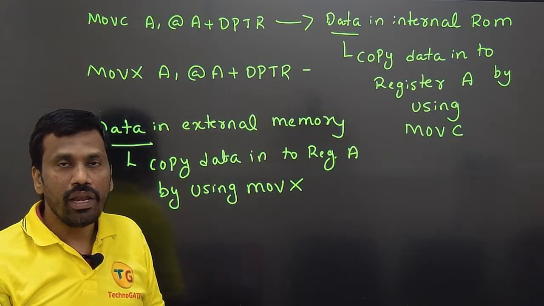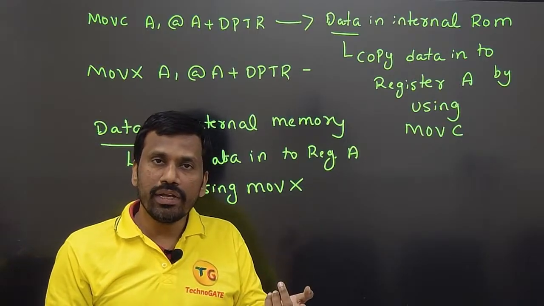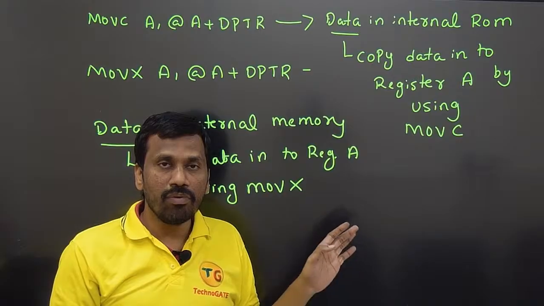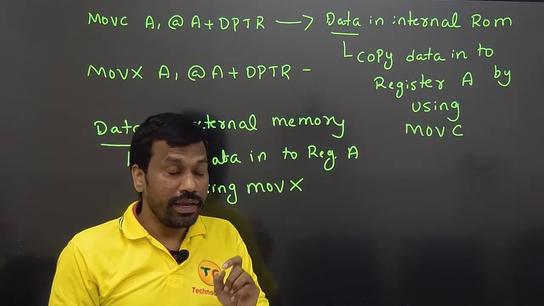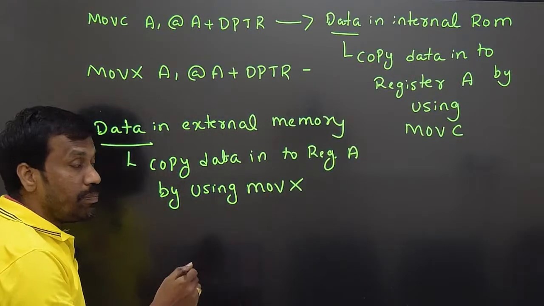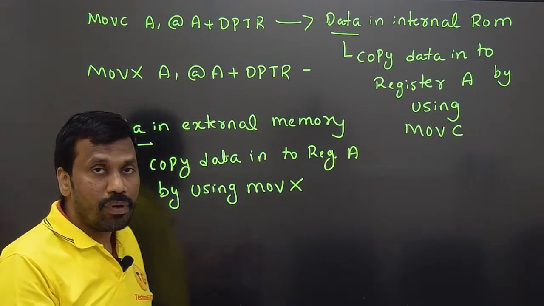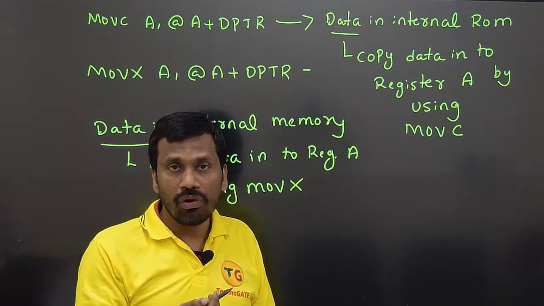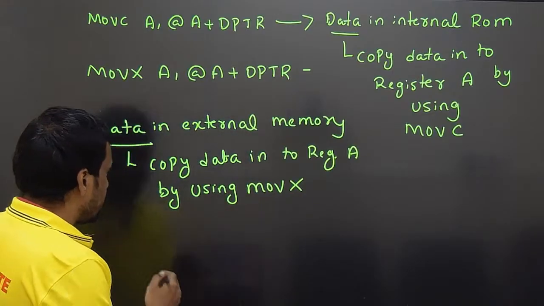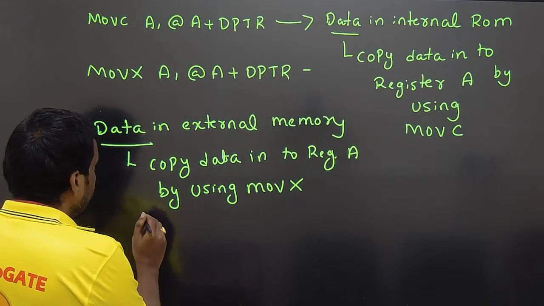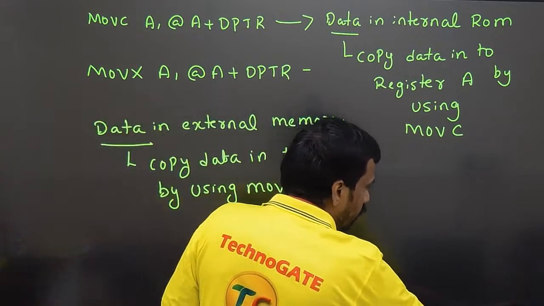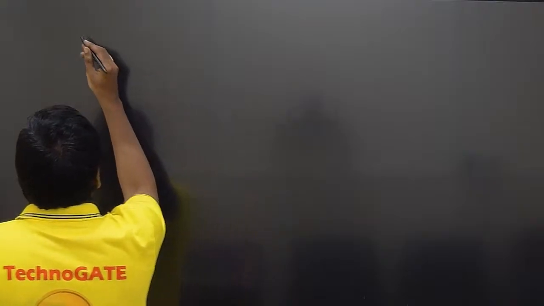Finally, we are moving the data into register A. So this is about MOVC and MOVX. And DPTR, already I told you, is the data pointer, a 16-bit register with DPH and DPL, higher byte and lower byte. Now what does DPTR contain? I will take one example: 8,000.